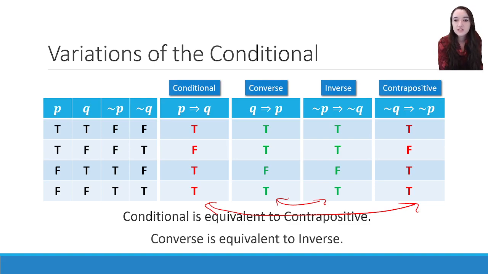If we go back to my original example about the conditional, where your parents say, if you eat your vegetables, then you get ice cream, we often assume that if you got ice cream, then you must have eaten your vegetables, and that's just not true. That's the converse, and it's not necessarily true, because your parents might have given you ice cream anyway. Remember how we went through those examples, those cases?